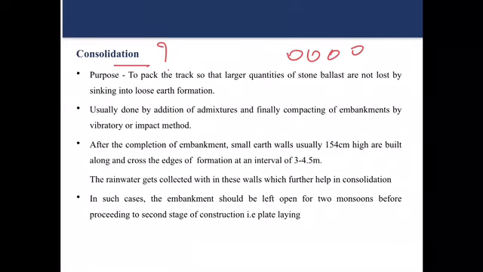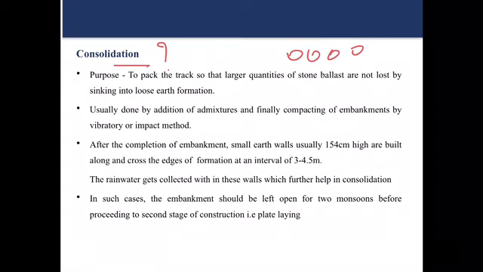Any rainwater that gets collected in these will be diverted through the nearest side drain, which further helps in the consolidation. When such methods are adopted, the embankment should be left open for 2 to 3 monsoons before proceeding with the next stage of construction.